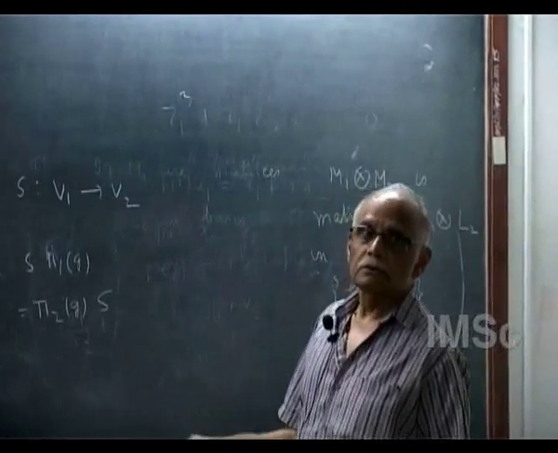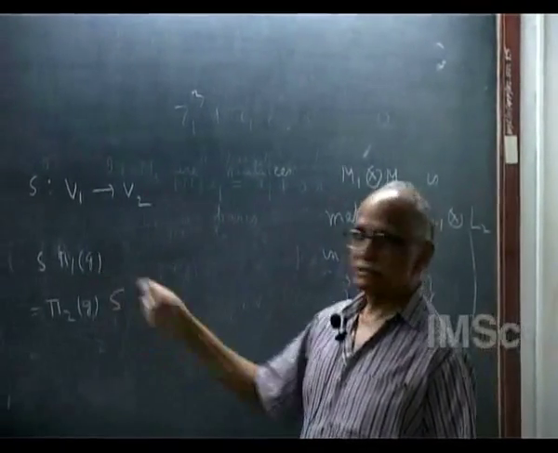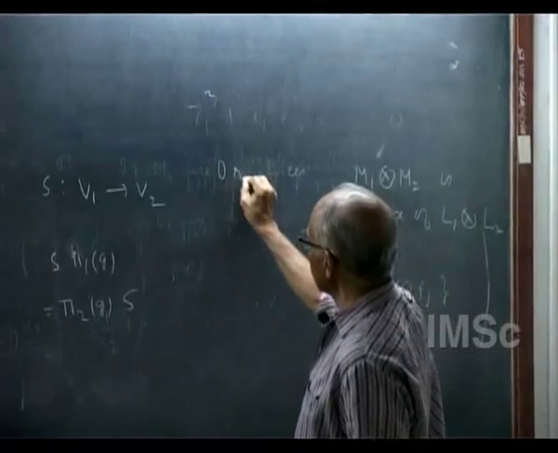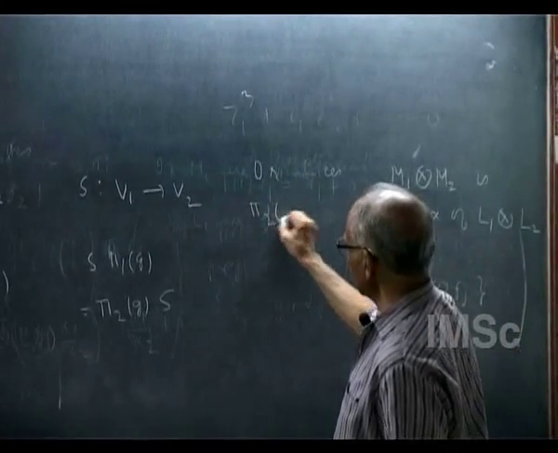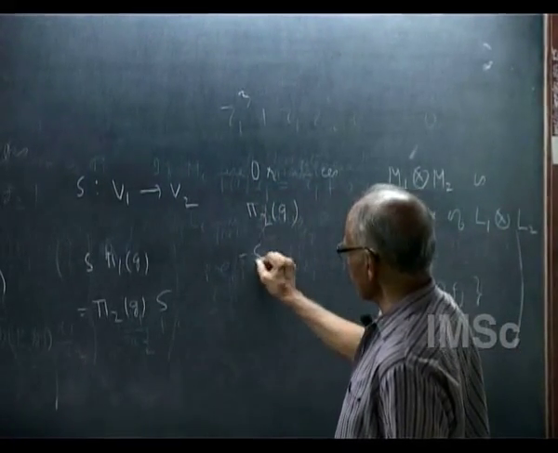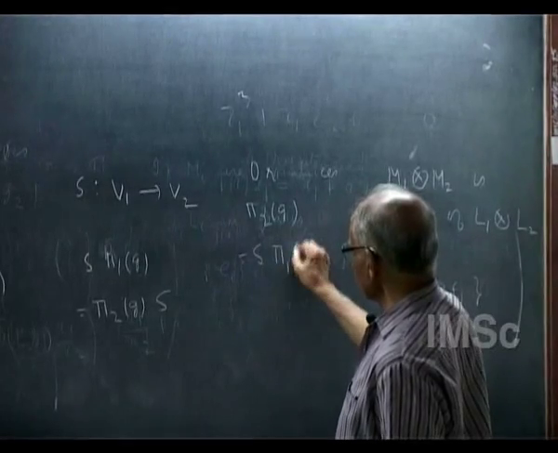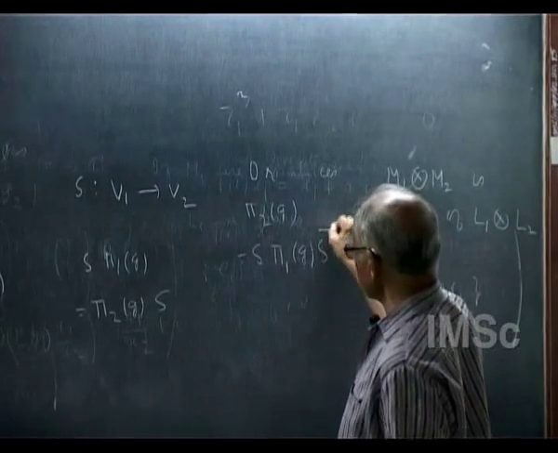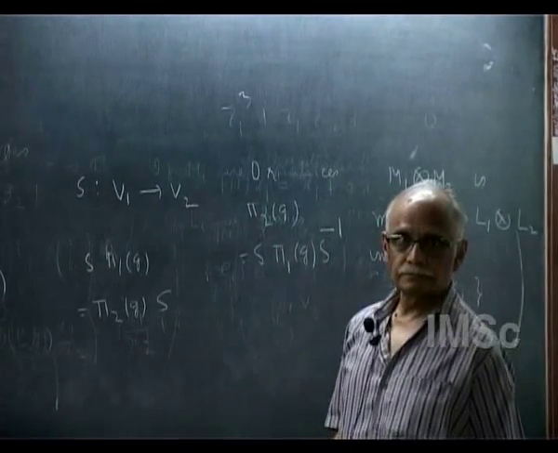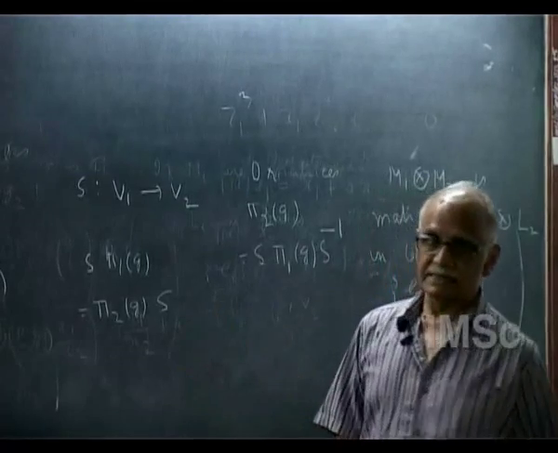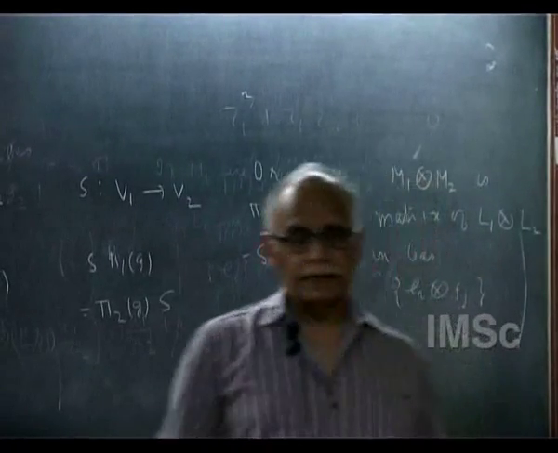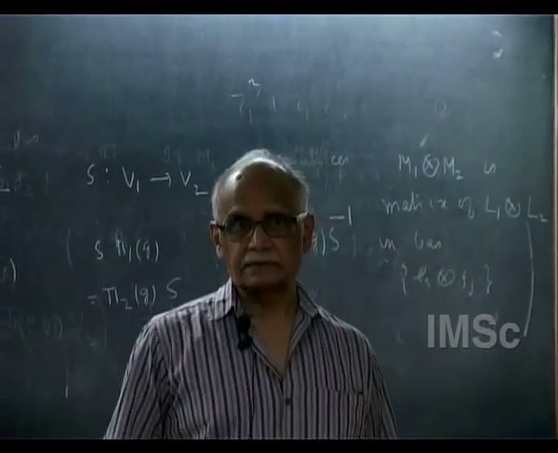Or you can write pi 2 of G is S pi 1 of G S inverse. Could be different vector spaces. If in the same vector space, it is a change of basis.